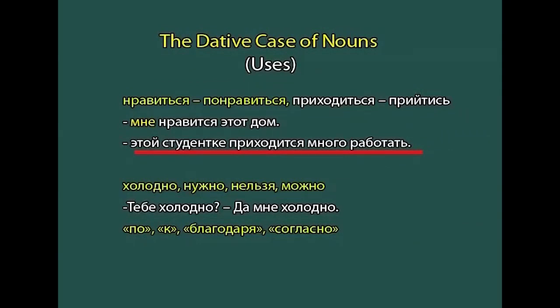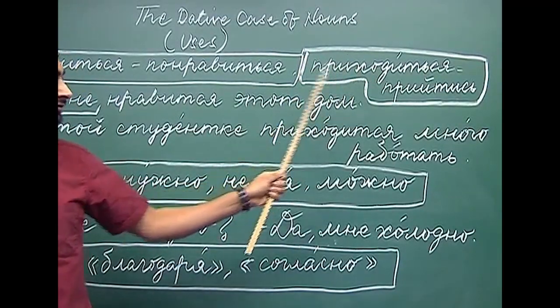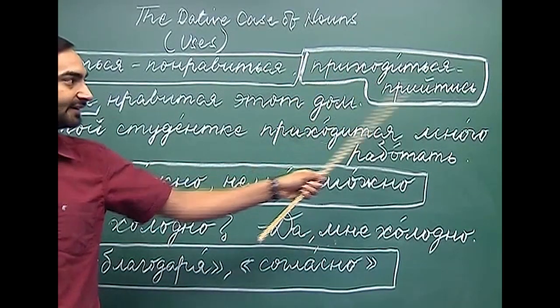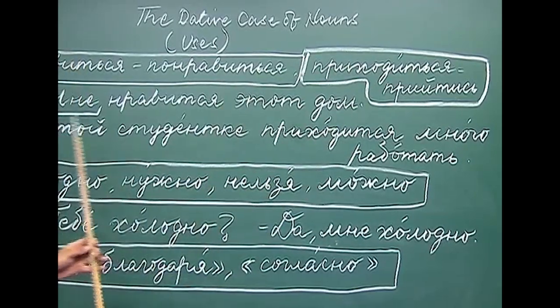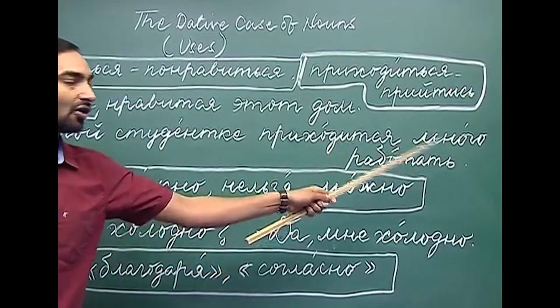Этой студентке приходится много работать. So, this is from the second verb we have done, приходится and прийтись, one has to. So, this female student has to work a lot.